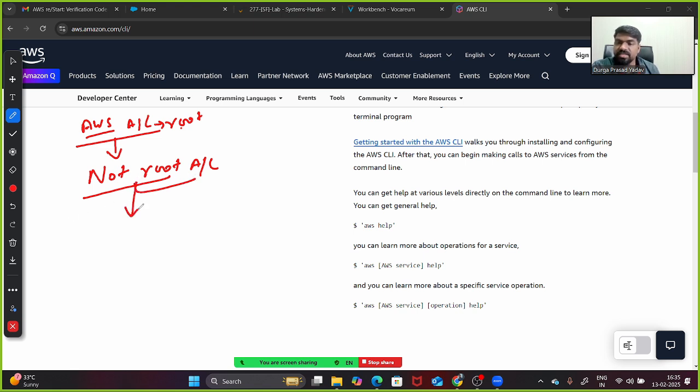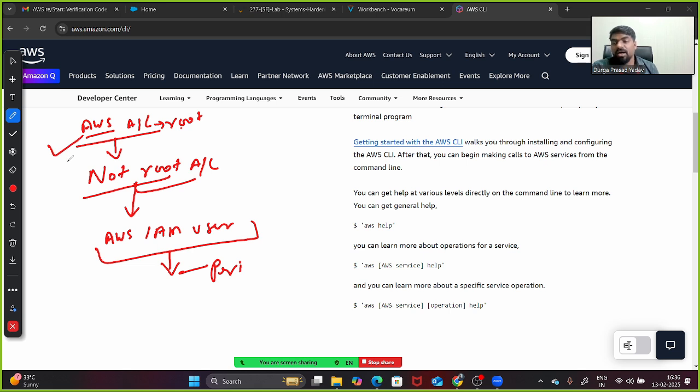AWS says just create one AWS IAM user and use this account. If this user needs any permission, just log in from root, assign the permission to this user, then log out and start using the IAM user again. So AWS recommends using an IAM user.